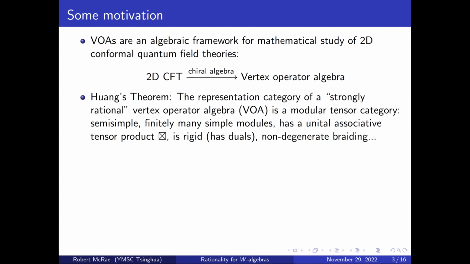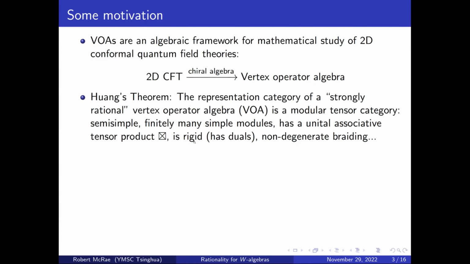So what goes into a modular tensor category? Well, it's a semisimple category, so every object is a direct sum of simple objects. There are finitely many distinct simple modules. And then there is this tensor product operation. There's some way of taking a tensor product of two modules in your category. And this tensor product operation has a unit, which is the VOA itself, and is naturally associative.